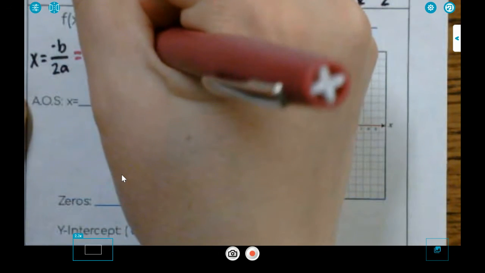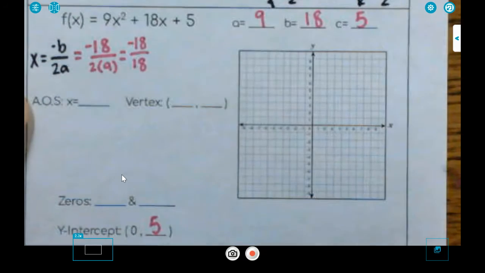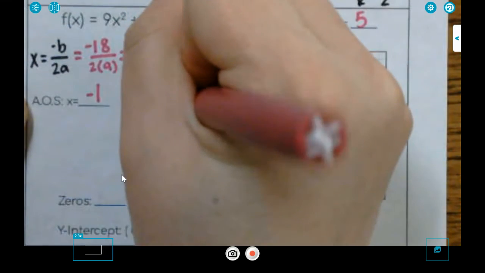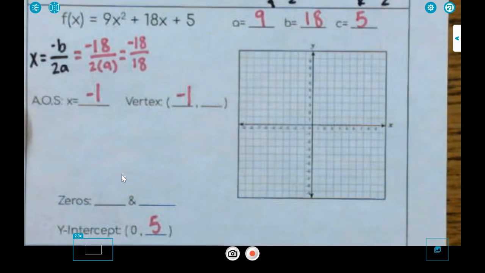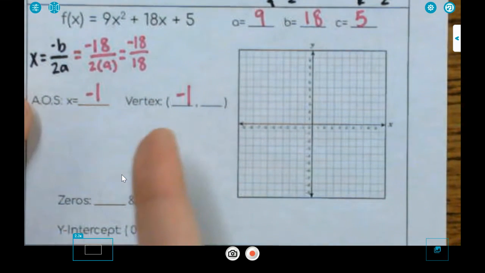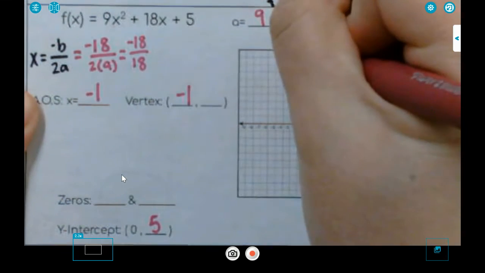So now I have negative 18 over 18. And that will divide out to be? Negative 1. There we go, negative 1. So our vertex is going to be negative 1, or our axis of symmetry is going to be negative 1. That's the x of our vertex. So I'm going to go ahead and draw that on my graph.